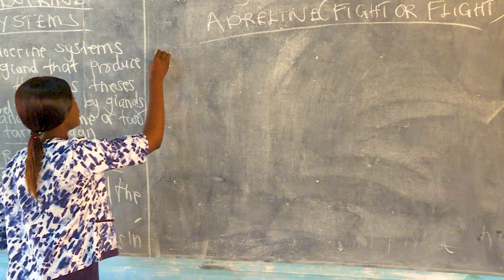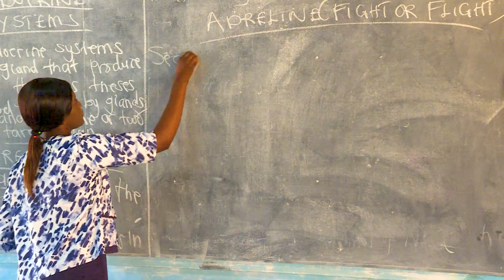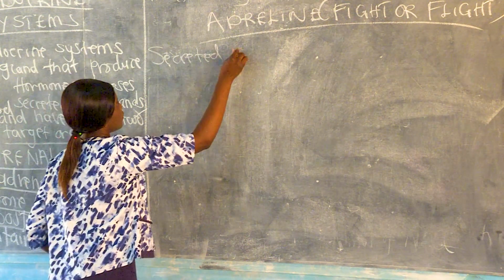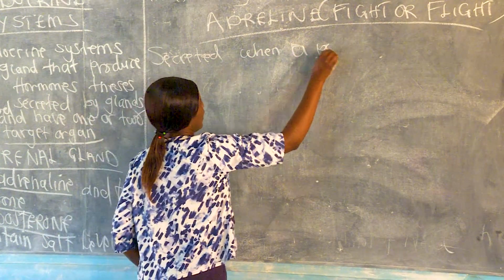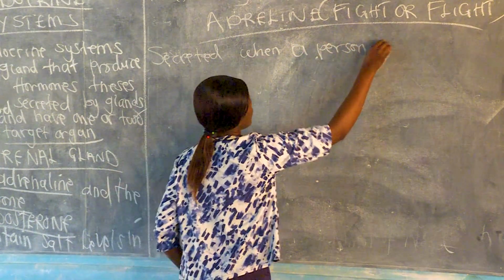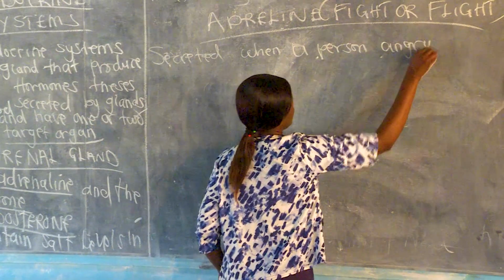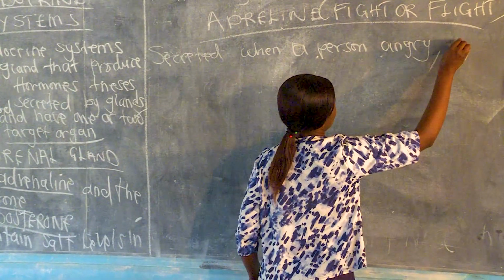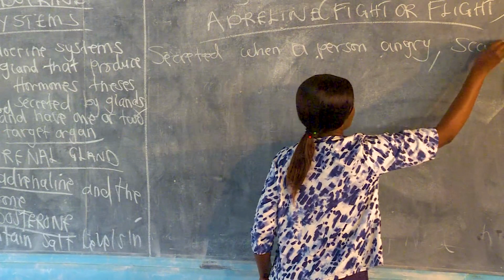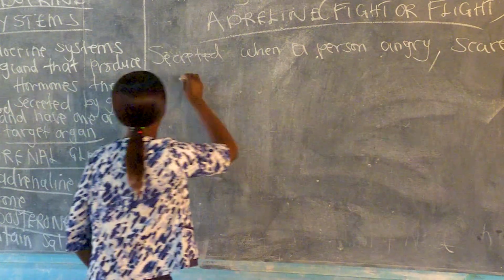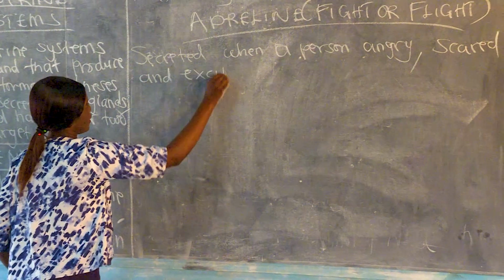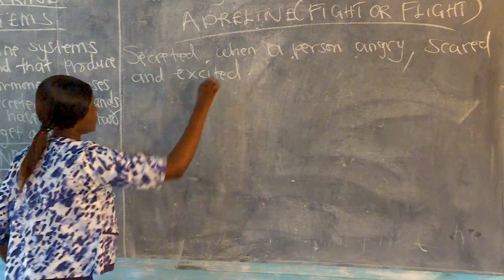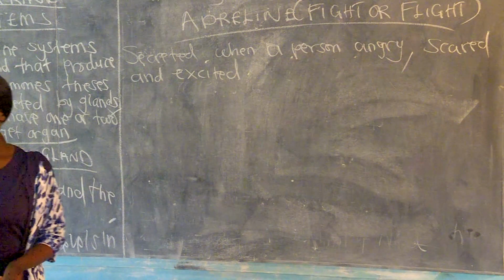It is secreted when a person is angry, scared, and excited. This is when this hormone is secreted in our bodies.